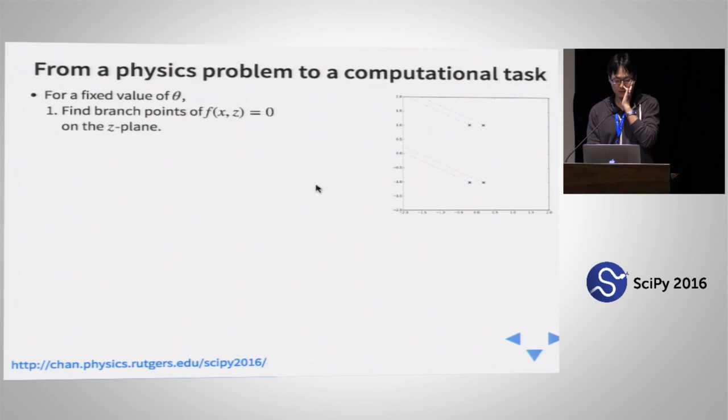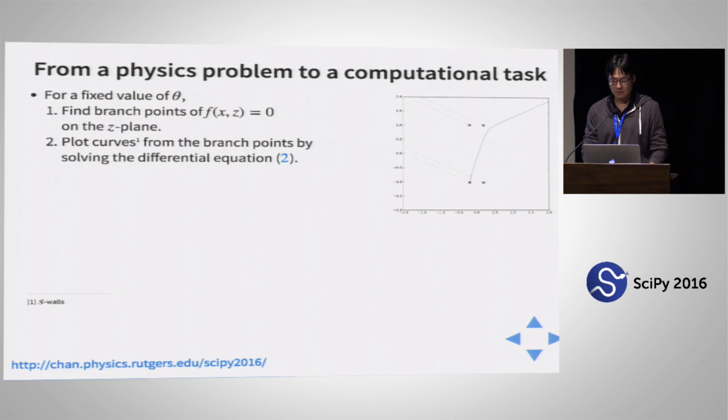And let's turn this physics problem into an explicit computational task. So I said that we start with a punctured Riemann surface, a two-dimensional surface, and this is described by this equation with two variables x and z, and we wrap this Riemann surface onto a z-plane as a multi-sheeted cover. Then this equation will give us the locations of the branch points and branch cuts. So that's the start.